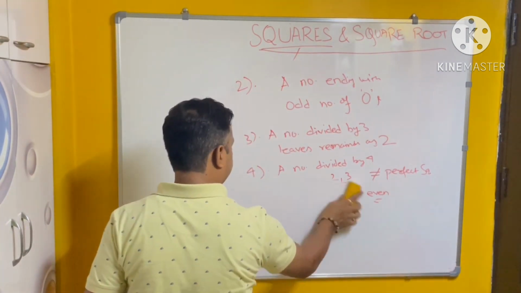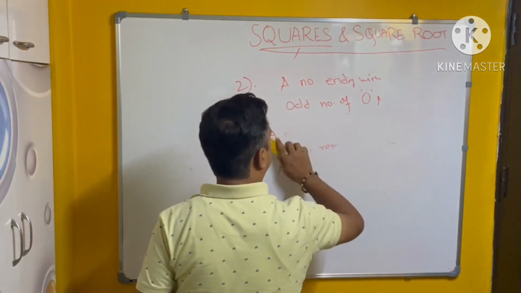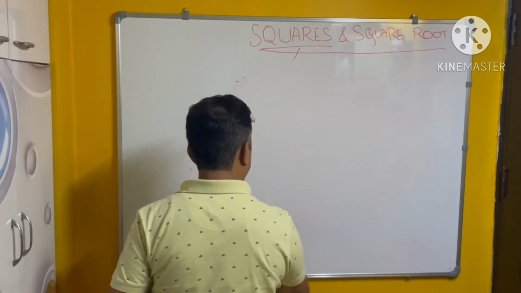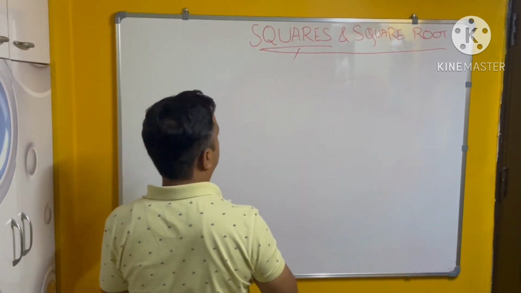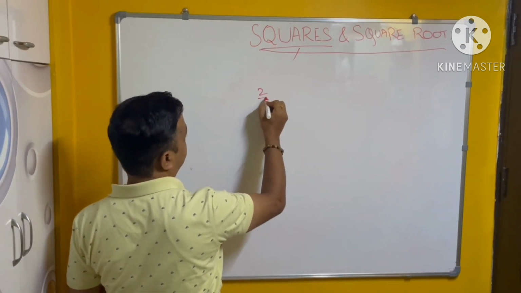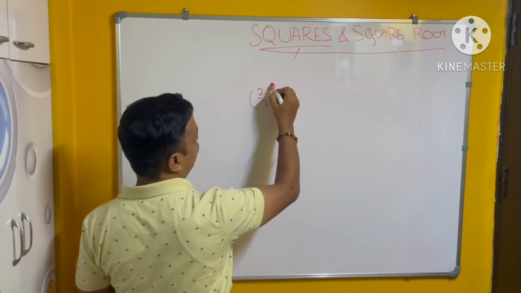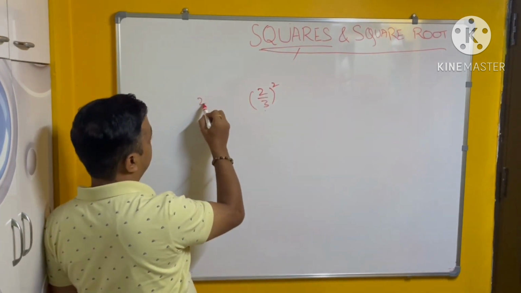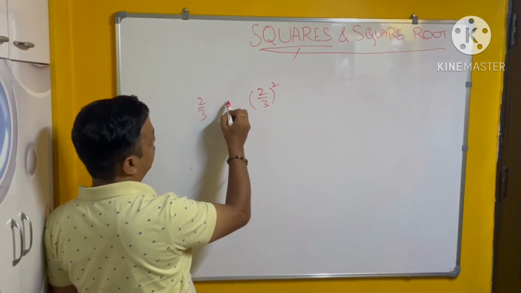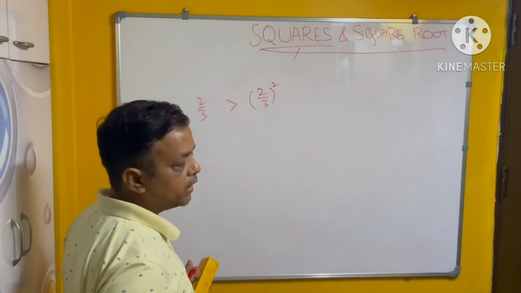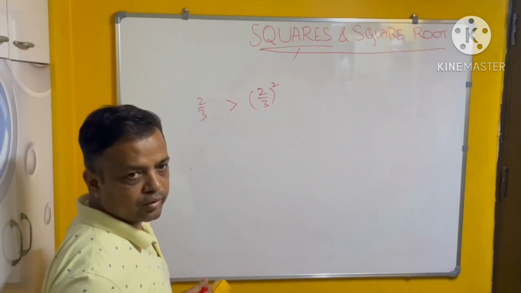Now if we have a fraction, say 2 by 3, the square of 2 by 3 will be less than the actual number.